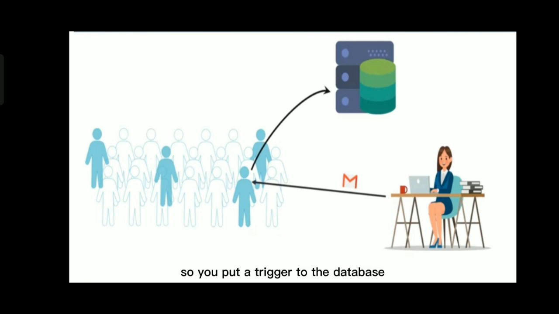So we put a trigger in the database to directly respond to the students whenever there is a request. This is where triggers are applied to the database, to work 1,000 replies to 1,000 requests with just one employee.